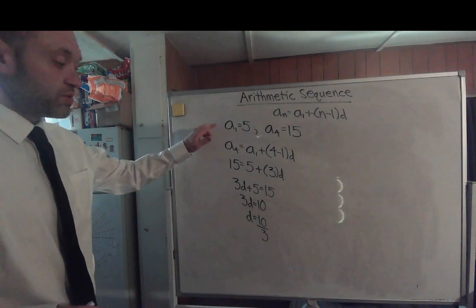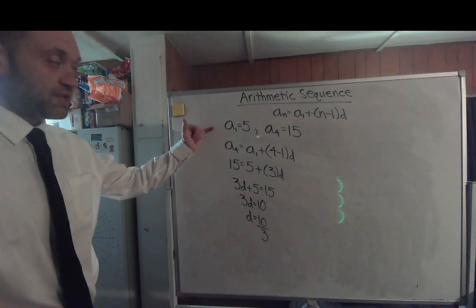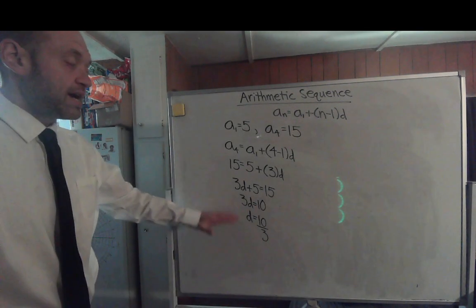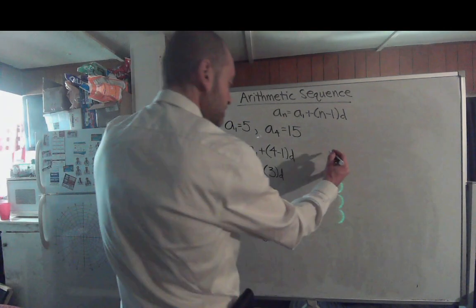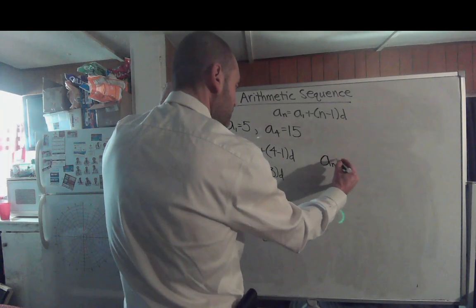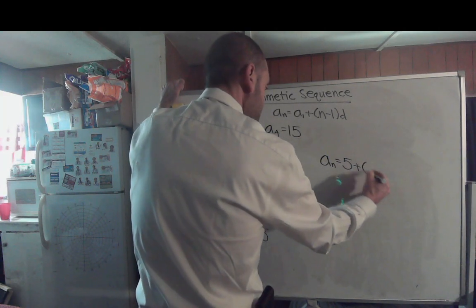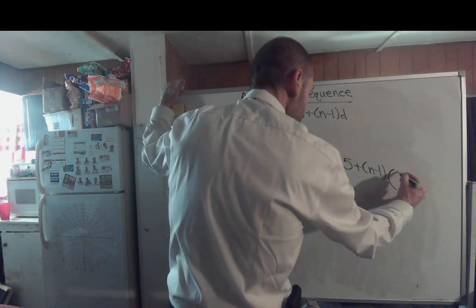Now that I know both a sub 1 and my common difference, by using the fourth term to find that common difference, I can actually find the formula for the general term of the sequence. So a sub n would equal my a sub 1, which is 5, plus n minus 1 times my common difference of 10/3.